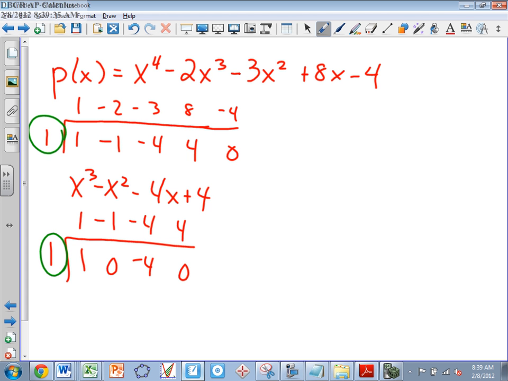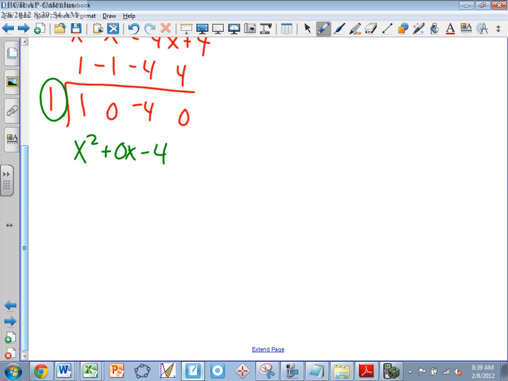What equation results from this? This is the tricky part too. X squared minus 4. Again, when you bring this down, that's x squared. This is really 0x minus 4. Again, when you bring that down, this is simply x squared minus 4.